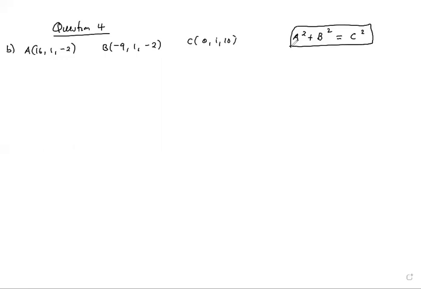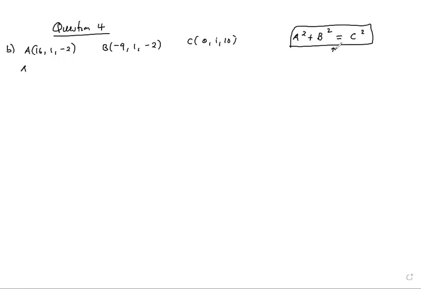But because they'll be vectors, they won't come out as A, B, C. They'll come out as AB, BC, AC. But remember, I want to check if this is satisfied. Or you can as well check if between two vectors there's an angle of 90. So we'll go for the Pythagoras theorem.